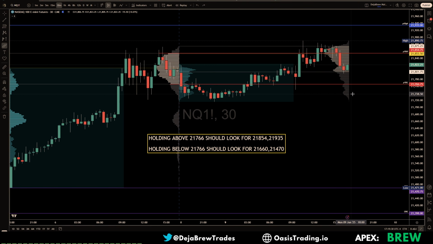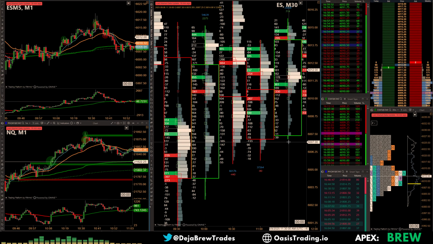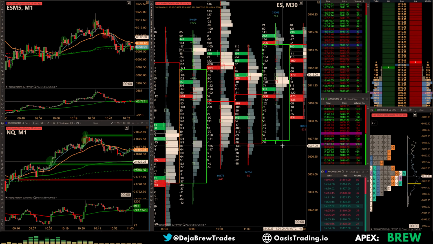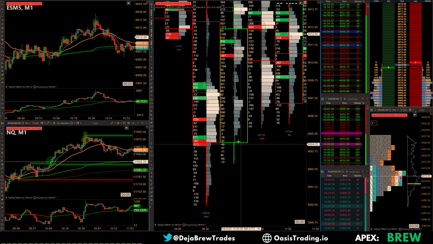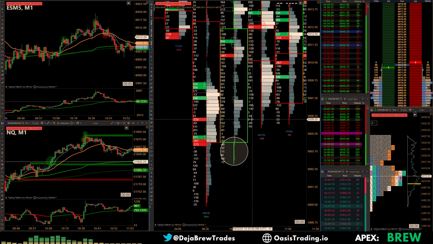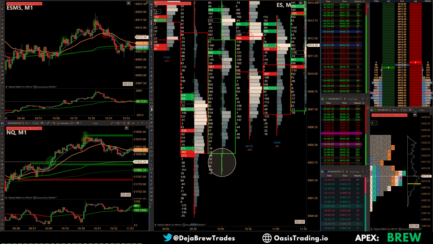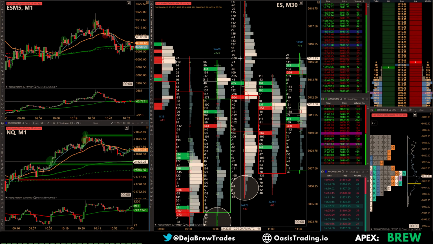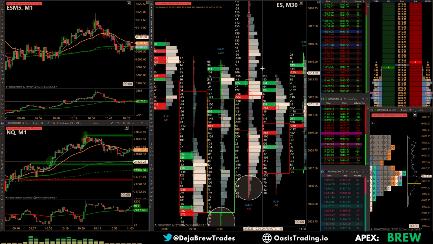Okay, so let's recap. When you have these D-shape rotational days, pay close attention when you are approaching the value low or the value high to your delta, to your 30-minute highs and lows. Are you establishing significant volume breaking down into that value low or pushing above that value high?